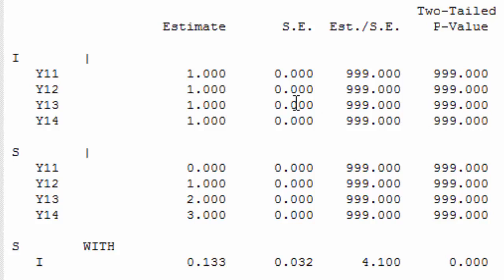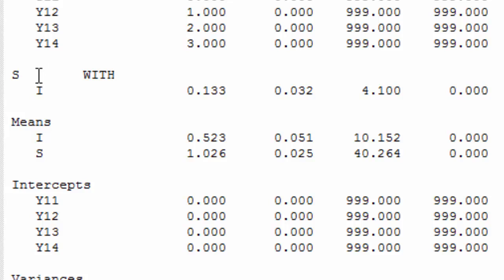This is your clue that these are fixed. Similar with the slope, we have standard errors of 0 and estimate over standard error ratio and p-values of 999. These are also fixed parameters, and the values that they're fixed at correspond to what we put up in the model statement.